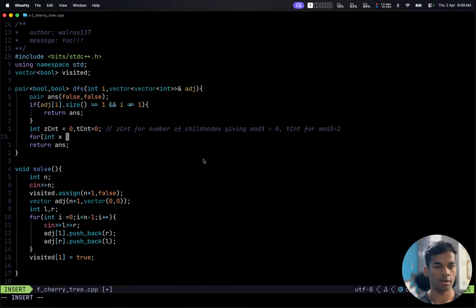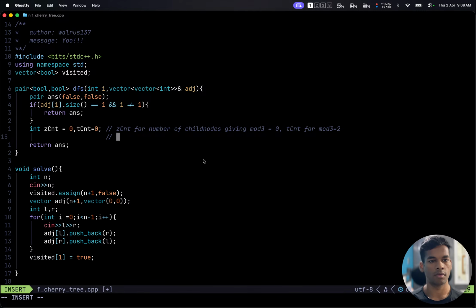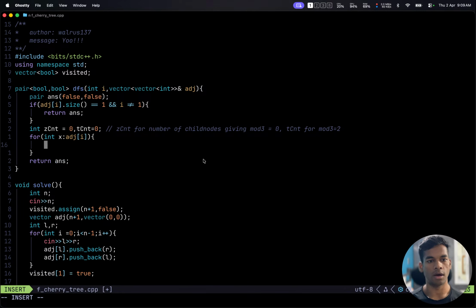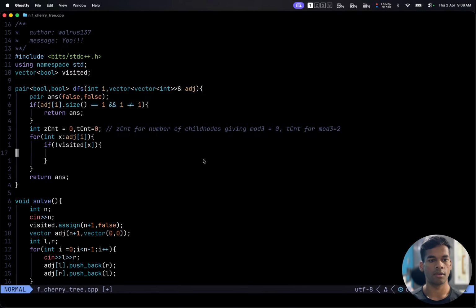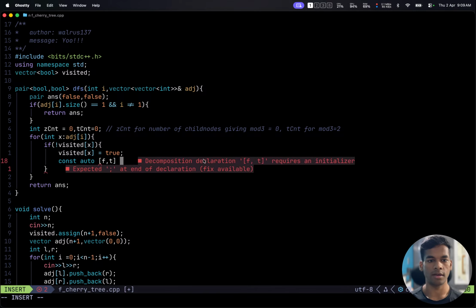And then for every child of adj i, if not visited x, then visited x equals true, and auto, const auto, or auto const, anything does not matter, f and s equals dfs on x with adj.